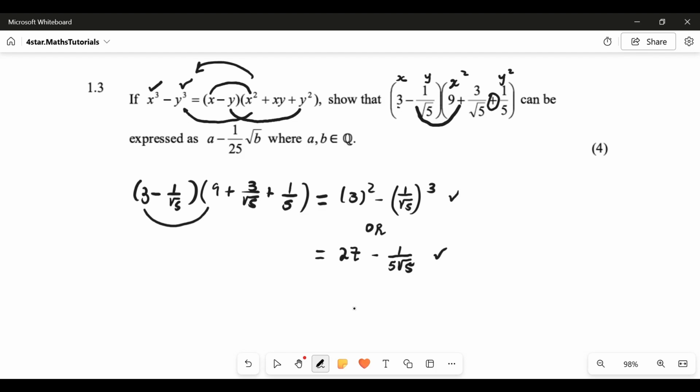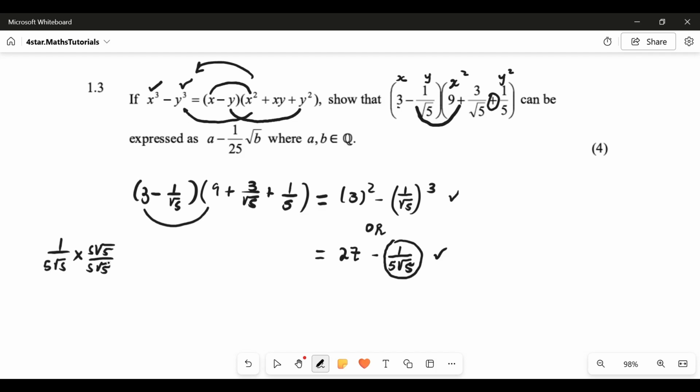The easiest one is this one. If we were to simplify it, we need to rationalize this, or I can use my calculator, but let's rationalize. Let's rationalize 1 over 5 root of 5 by multiplying by 1.